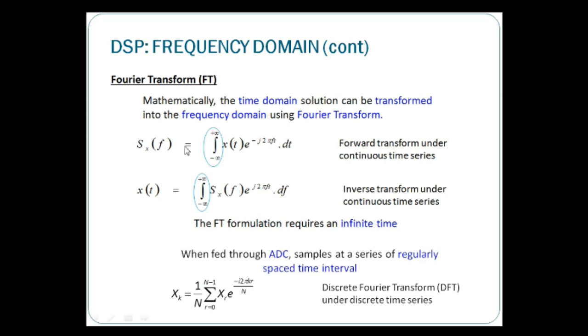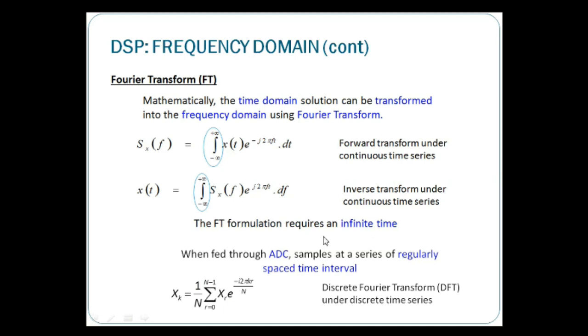So if it's a continuous signal, you can use these equations from negative infinity to infinity to transform your time domain signal x(t) to your frequency domain X(f), your spectrum. Or you can do the inverse Fourier transform from the frequency to the time domain. To do this, it requires your signal to be continuous, or of infinite time.